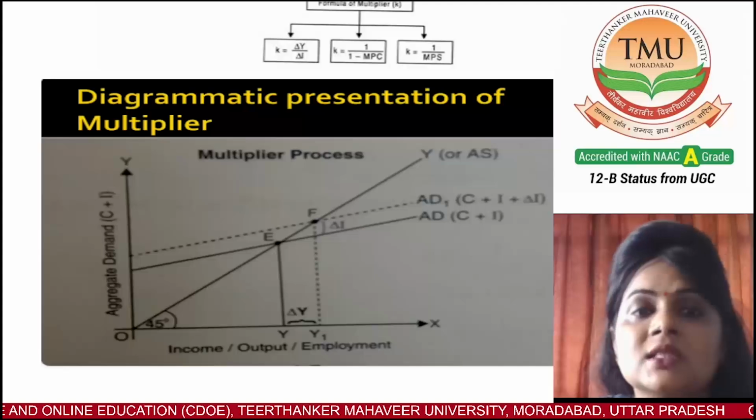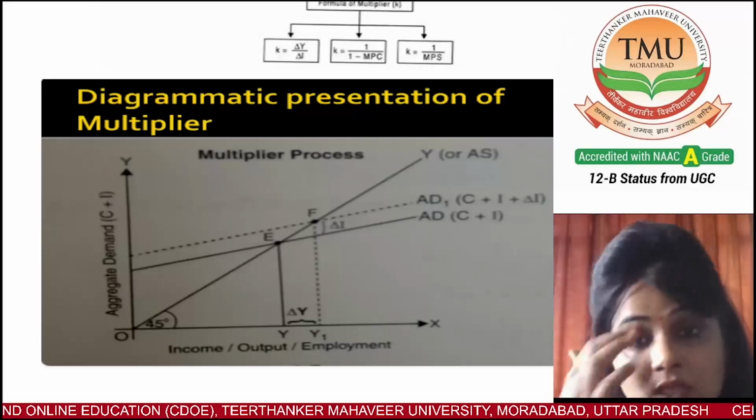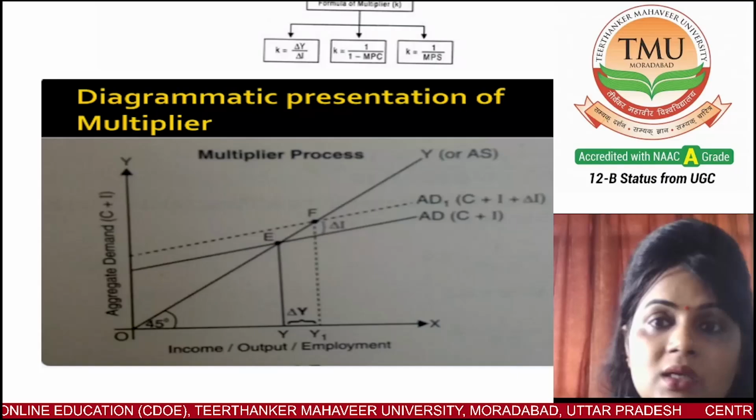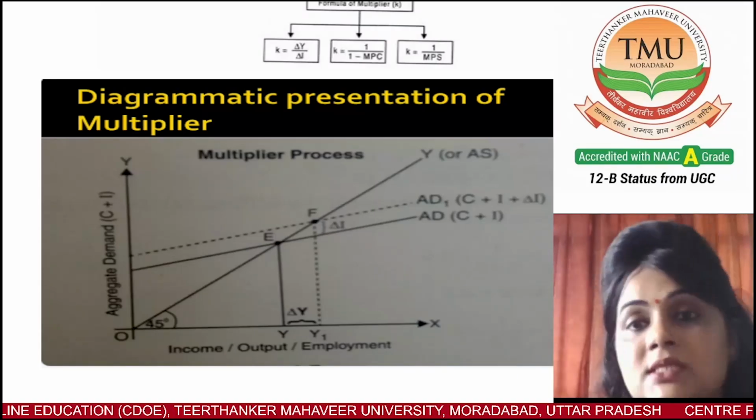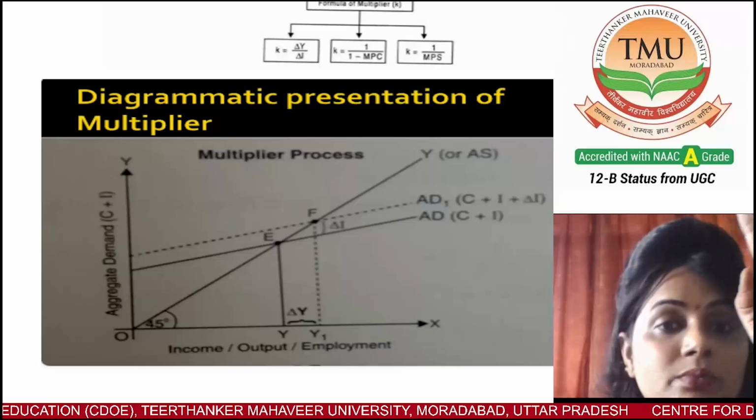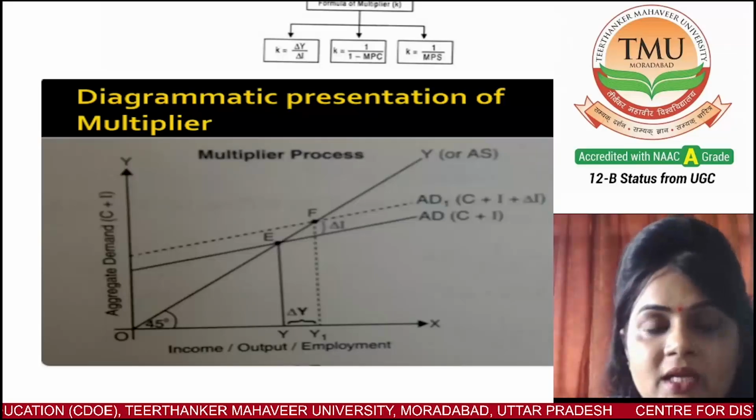It can be seen that when the MPC value is 0, the multiplier has a minimum value of 1. The economy has decided to save all additional income and has made no consumption expenditure.